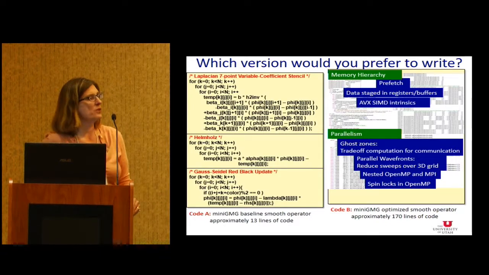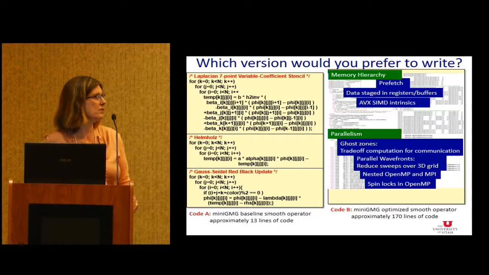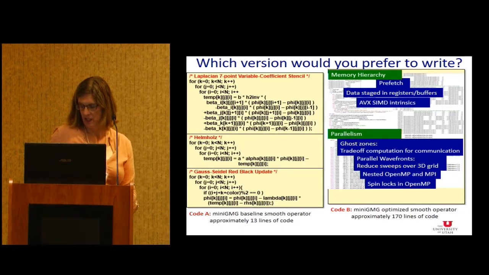There's ghost zones between nodes so that you can share data in the stencil across nodes. There's a trade-off between computation and communication. So there are parallel wavefronts. There's nested OpenMP code, there's MPI code, and then standard OpenMP was not efficient enough on Edison, so it's extremely low-level OpenMP code with spin locks, okay?